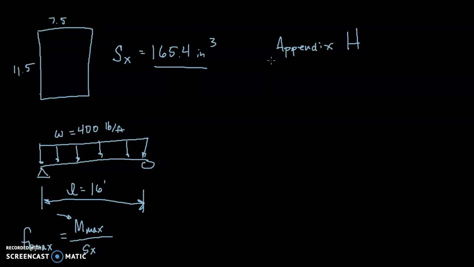A simply supported beam with a uniformly distributed load is situation number 1, and it tells us that the maximum moment, which occurs at the center, is equal to the distributed load w times the span length squared, divided by 8.